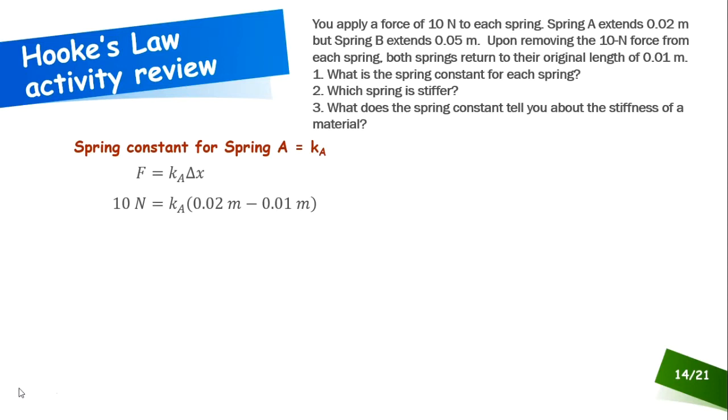And we subtract out the original length of the spring, which is 0.01. Now we subtract those two out, and that gives us 0.01 meters. And then we can divide both sides of our equation by the 0.01 meters to leave Ka all by itself. So the 10 newtons divided by 0.01 meters gives us 1,000 newtons per meter.